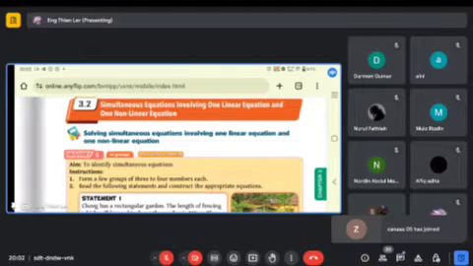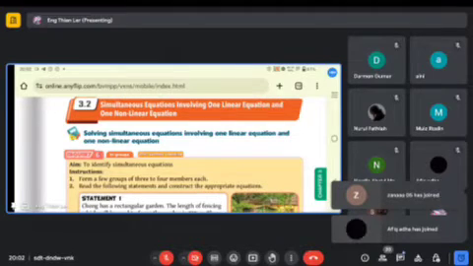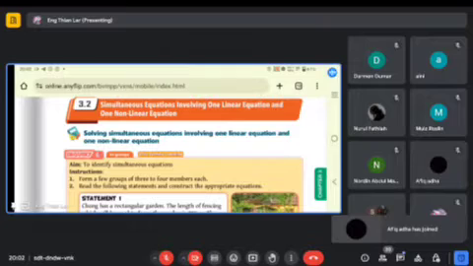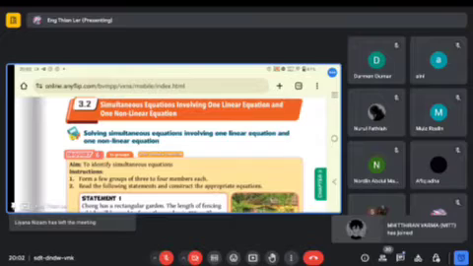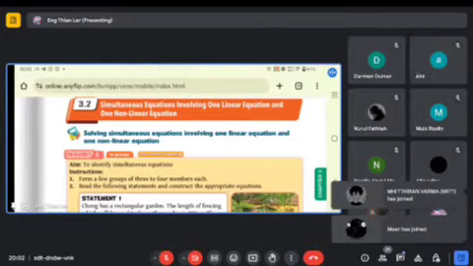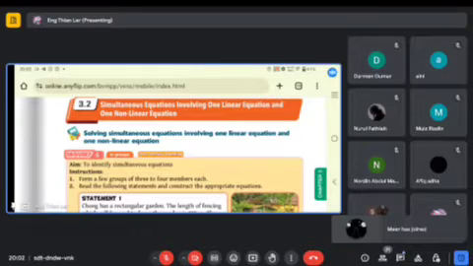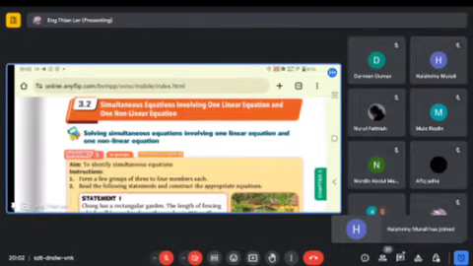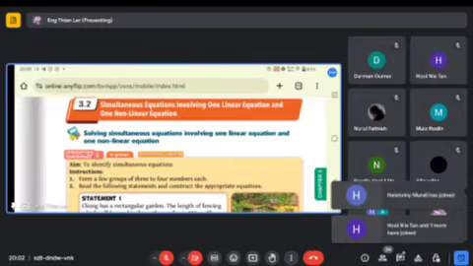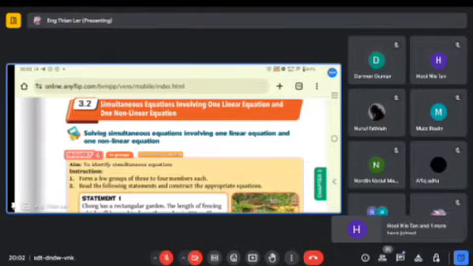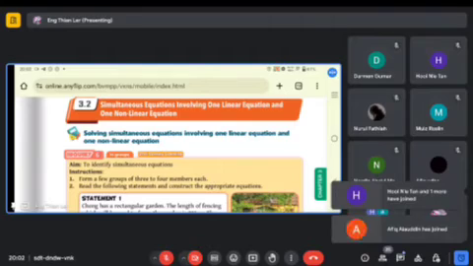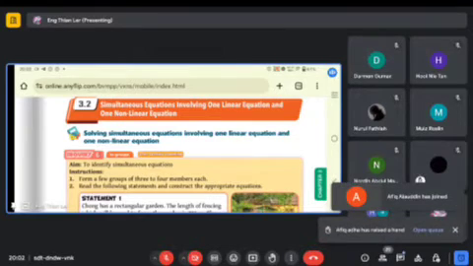So what is a nonlinear equation? It is just an equation where the highest power is not 1. It could be 2 or 0, but in this case, we will get a lot of x squared equals 2y plus 1. This type is a nonlinear equation.